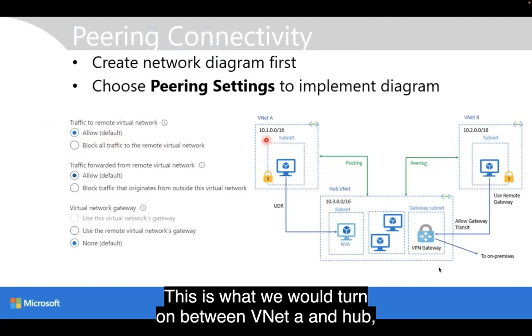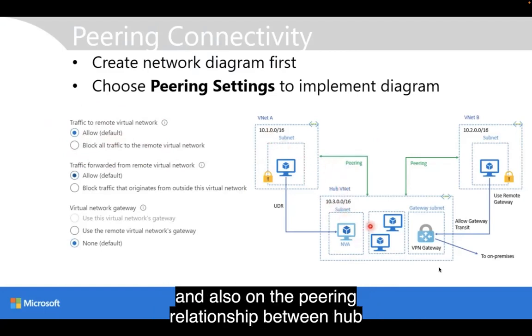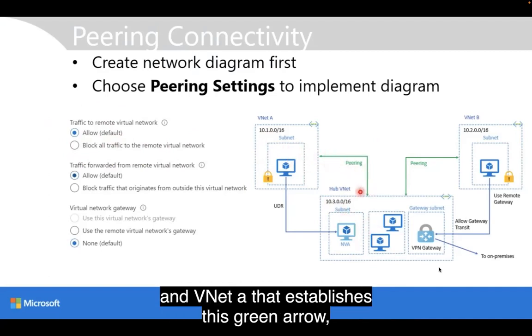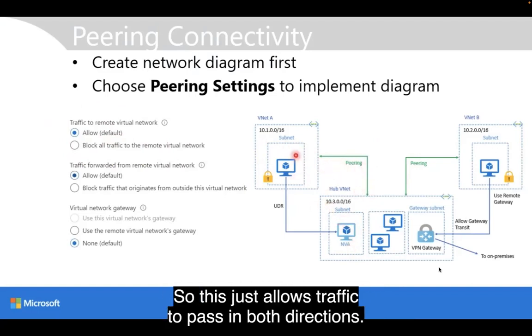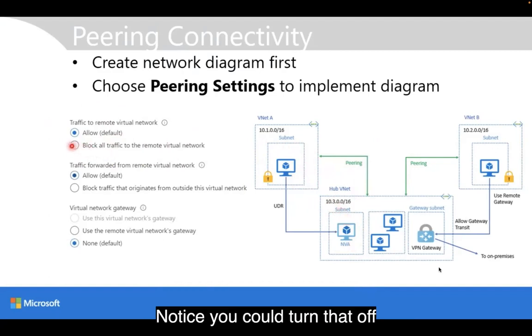This is what we would turn on between VNet A and hub, and also on the peering relationship between hub and VNet A. That establishes this green arrow, the peering relationships between these two VNets. So this just allows traffic to pass in both directions. Notice you could turn that off for any one direction on a peering relationship.